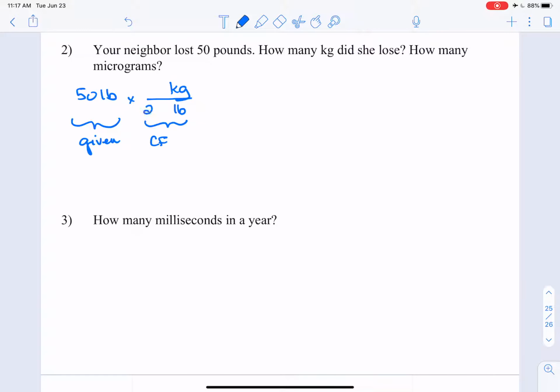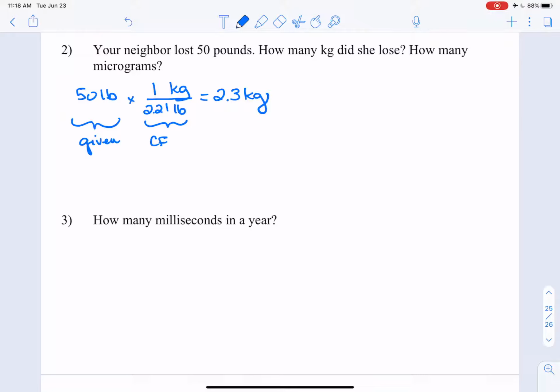So we've got 2.21 pounds for every 1 kilogram. So that's not too bad. We do the multiplication on that, and we're going to get about 2.3 kilograms.